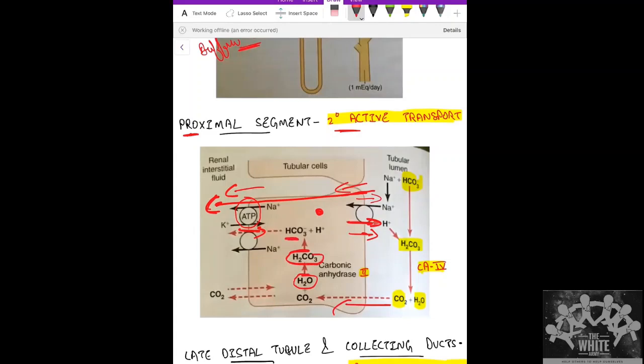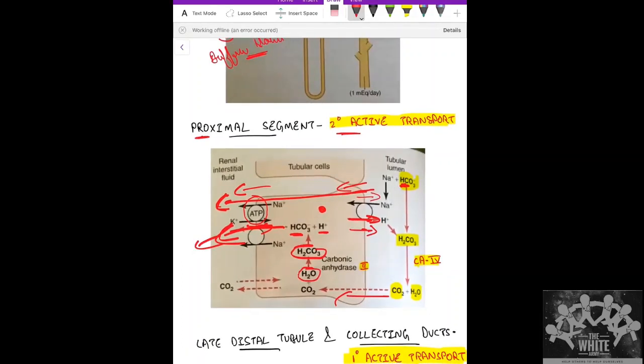H2CO3 will be broken into HCO3 minus and H plus. This HCO3 minus is reabsorbed back, secreted into the interstitium, back into the body, the extracellular fluid. That is how it works in the proximal segment, by secondary active transport.